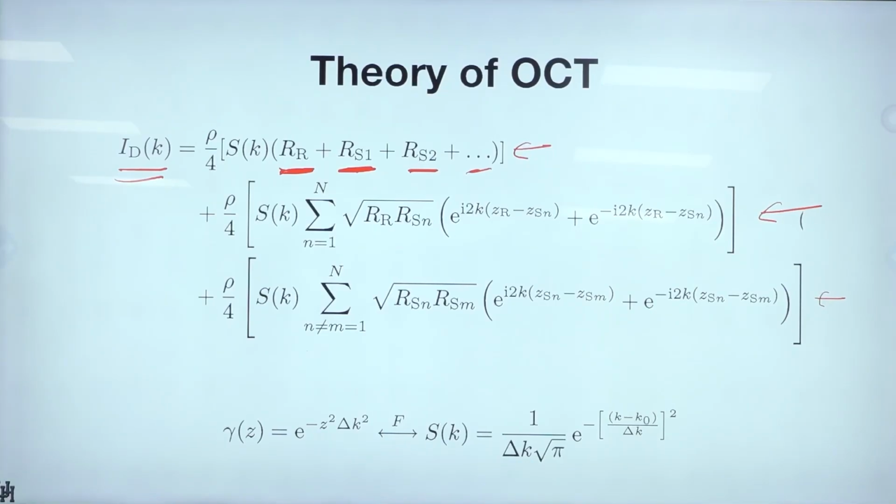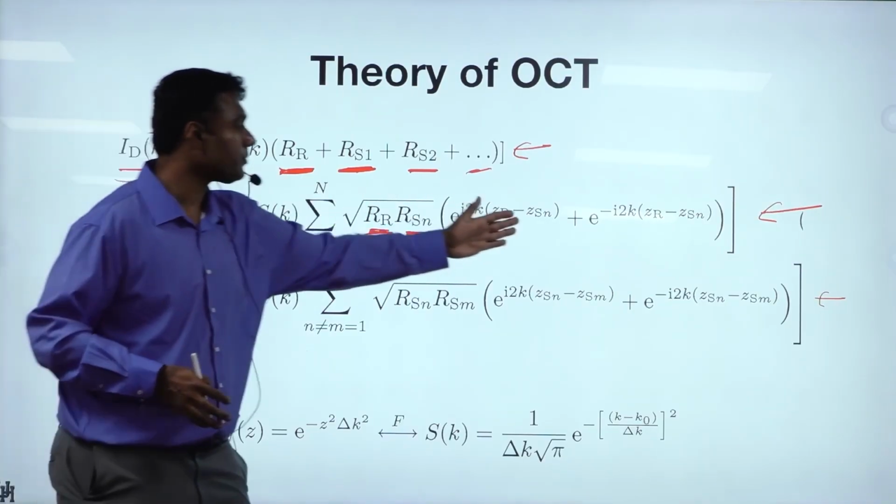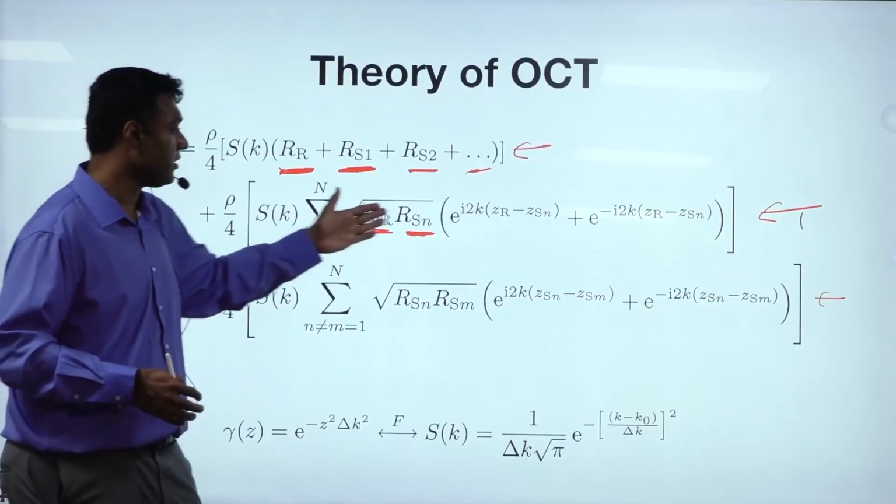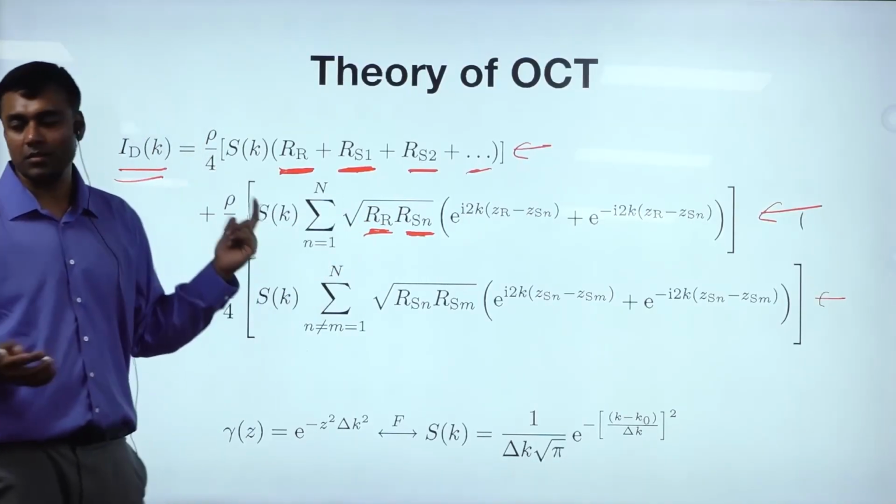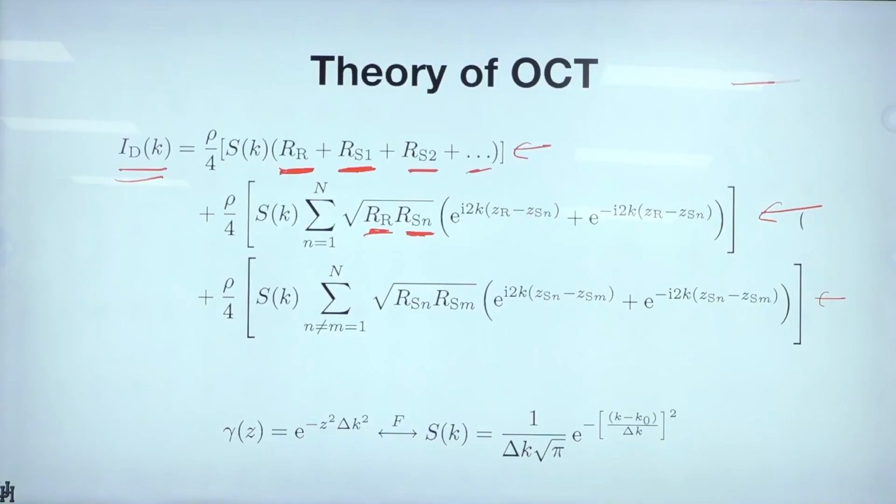In fact, the cross term is really the most crucial term which matters. This one has reflection from the reference times reflection from one layer of the sample. So this set of terms, the summation, is a cross term: one from the sample and one from the reference.